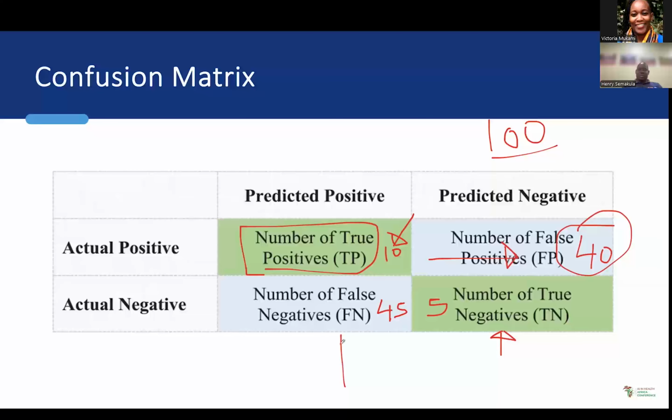The values which in actual sense are positive are 44, and the model is saying they are negative. So the model is underfit based on even just the test set itself.